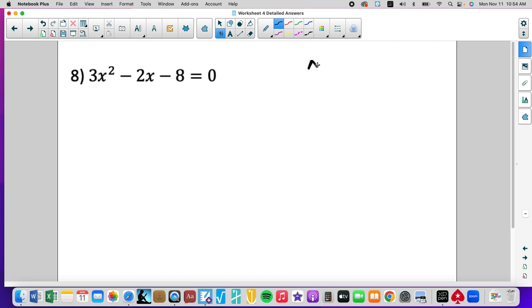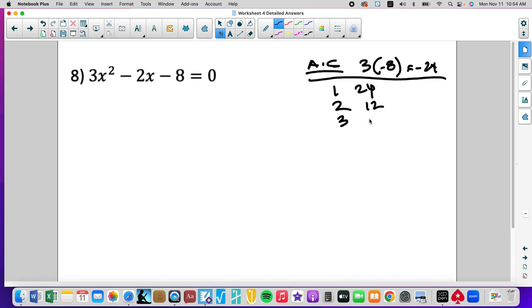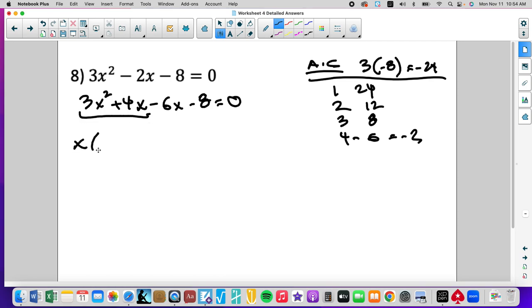Let's do a times c. So a is 3, c is -8, -24. Factors of 24, 1 and 24, 2 and 12, 3 and 8, 4 and 6. Signs are different. Bigger is negative. So that gives me my -2. So 3x squared plus 4x minus 6x minus 8 equals 0. Factor by grouping, we'll factor out an x. 3x plus 4.